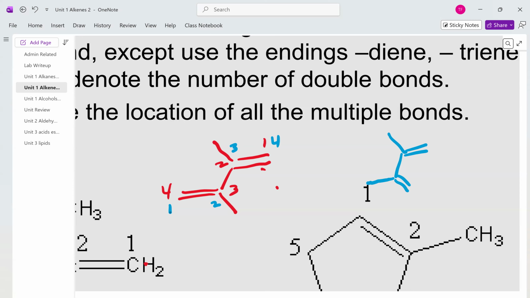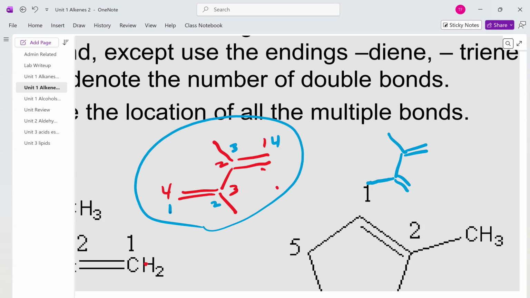So between these two, the one on the left, the red one, is more symmetrical than the one on the right. So if we had a reaction and these two were the products, we would end up circling this one as more stable. There's another metric we're going to be using. It's called Markovnikov's rule. I'm going to get into that a little later. So there's always 2 factors you're going to be using. One of them being symmetry.